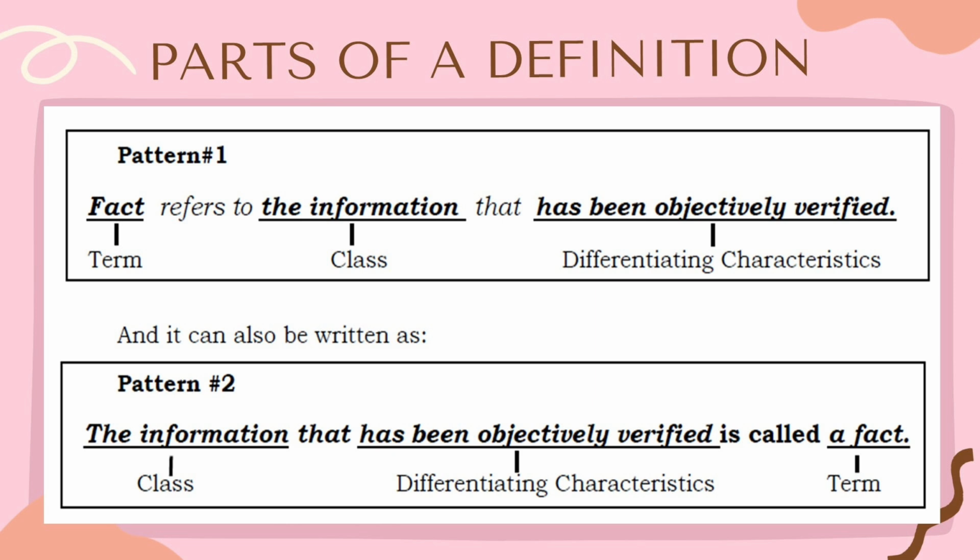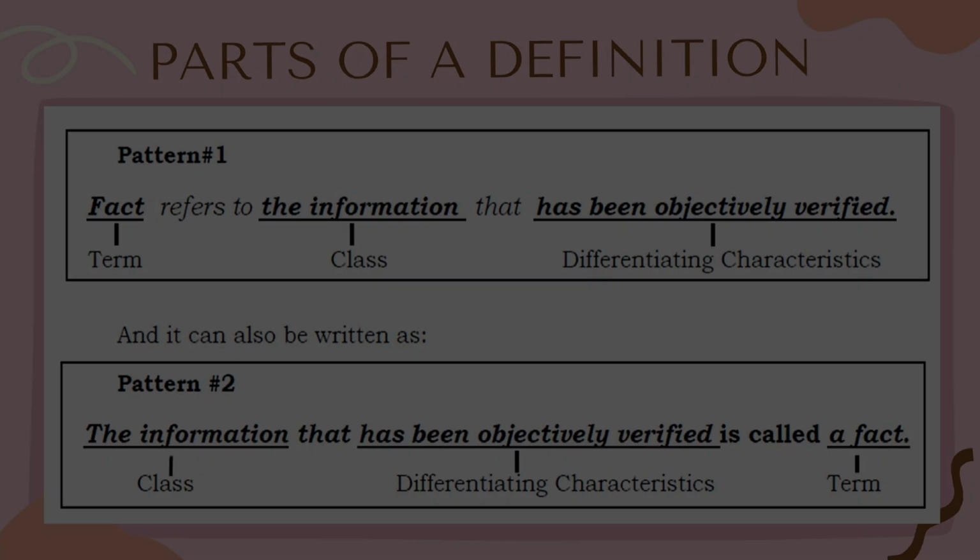So for pattern number 2, class came first, wherein the information, and it is followed by the differentiating characteristic has been objectively verified, and lastly is the term, which is the fact. So that's how you will be writing a definition following the parts of definition.